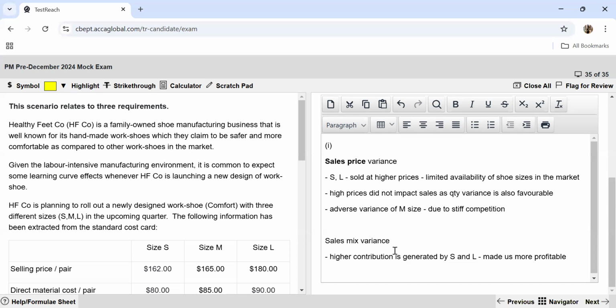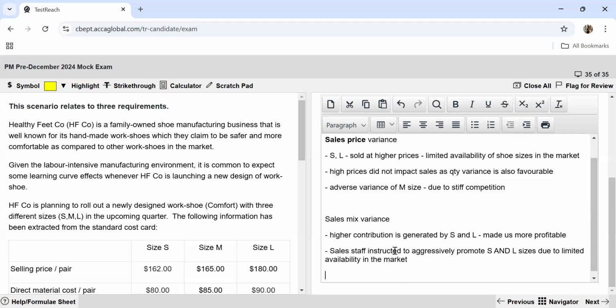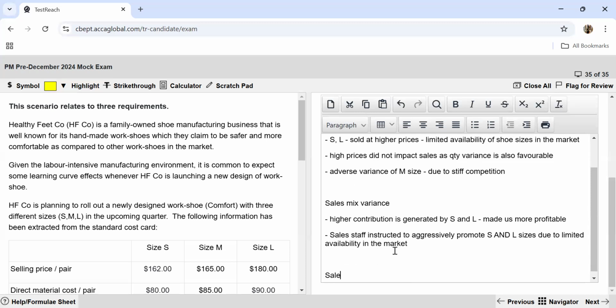So you had asked your sales people, sales staff, instructed to aggressively promote S and L sizes due to limited availability in the market.